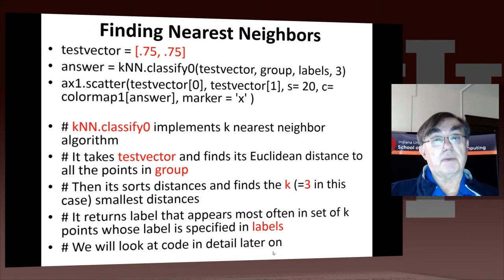It looks at the labels of those 3 points and finds the label that occurs most often, and it returns that label as the classification of the point given in test vector. The code will be given later on.